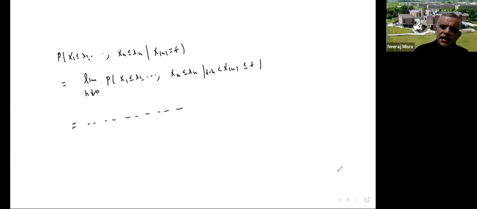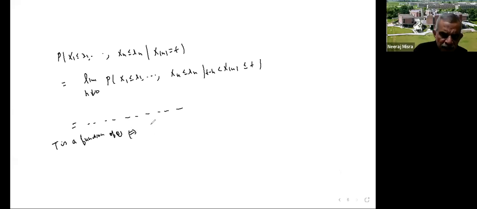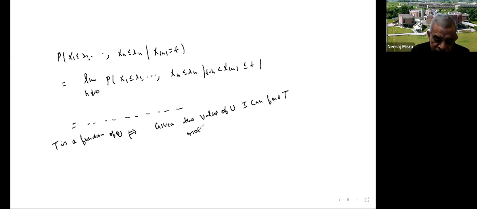So you see, when I say that T is a function of U, it means T depends on U. Given the value of U, I can find T, but not necessarily otherwise.